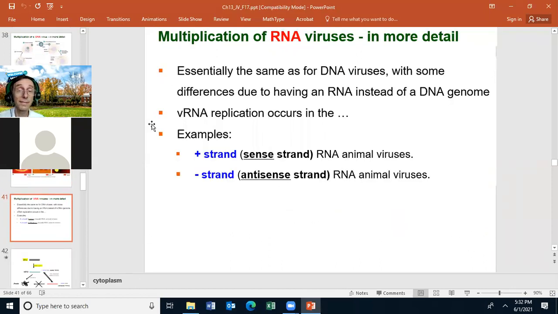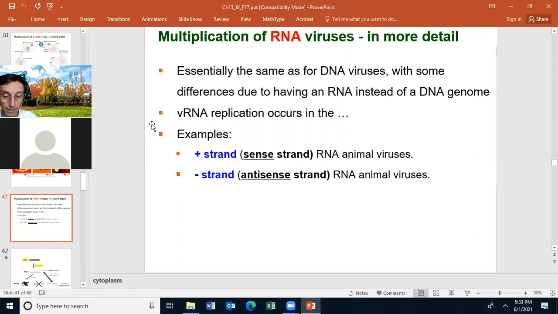All right, let's talk a little bit more about the multiplication of RNA viruses in more detail. A rule of thumb for RNA viruses is that they replicate in the cytoplasm. So an animal RNA virus multiplies in the cytoplasm.